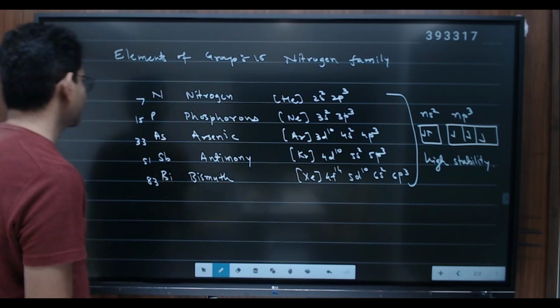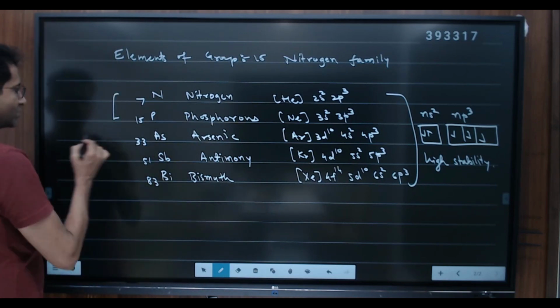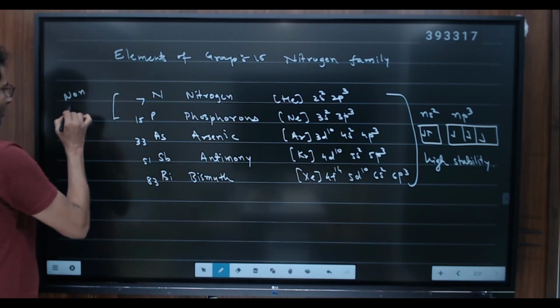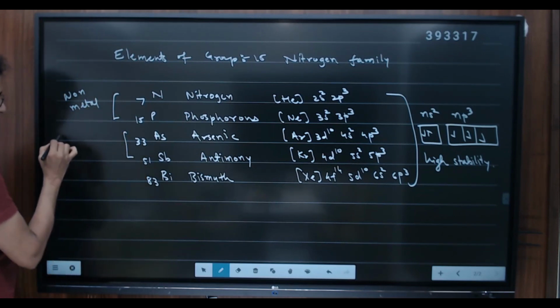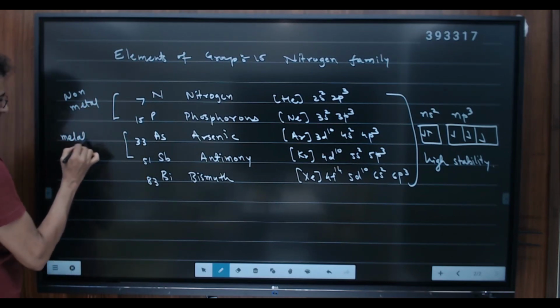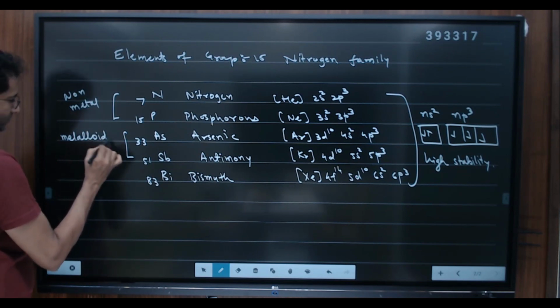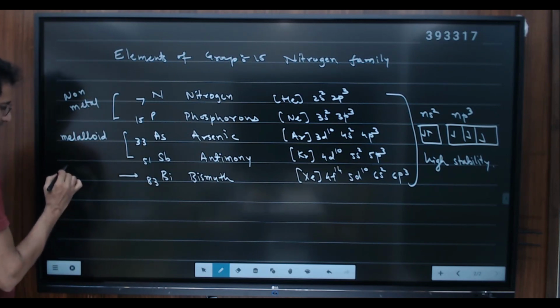Now one important thing, nitrogen and phosphorus are essentially non-metals. Arsenic, antimony are metalloids, and bismuth has metallic nature.